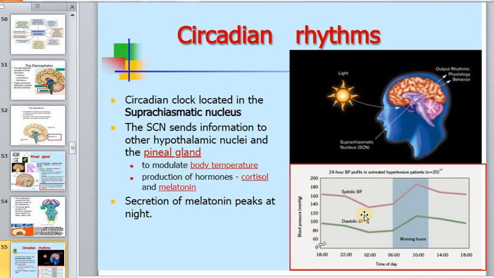And because it is night, melatonin secretion is at its maximum. And you see the circadian clock located in the suprachiasmatic nuclei, and here we see it sends information to other hypothalamic nuclei and the pineal gland to modulate body temperature and production of hormones, for example cortisol and melatonin. The secretion of melatonin peaks at night.